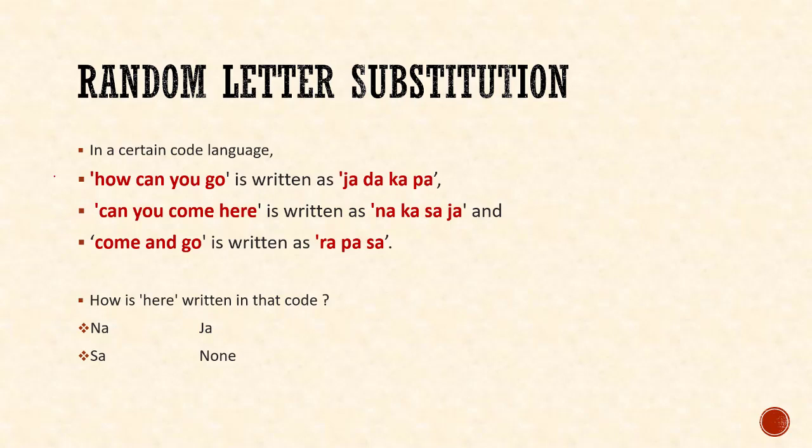So we have three sentences here: 1, 2, 3. How can you go? Can you come here? Come and go. Let's see what is common. When I'm comparing 1 and 2, we can see the common thing is can you. Can you is common in both.